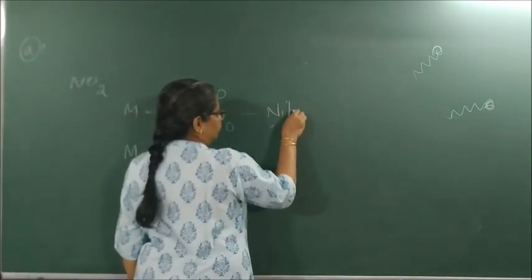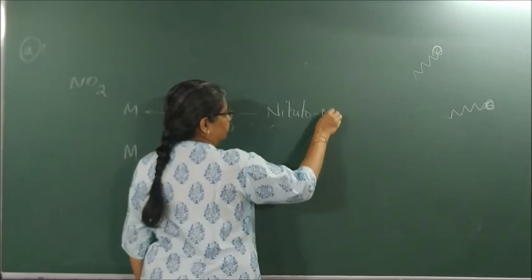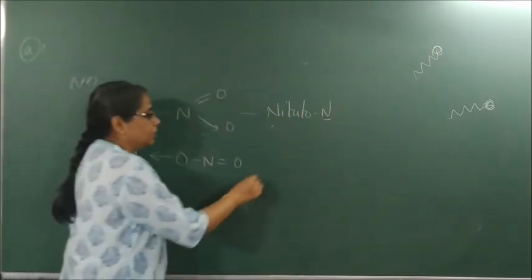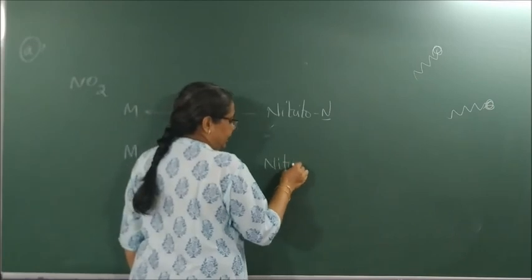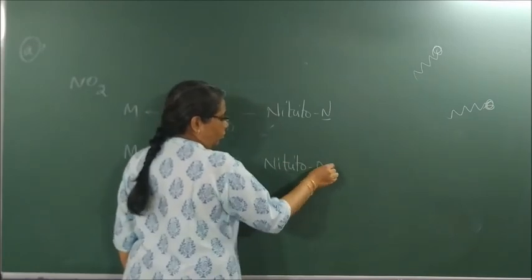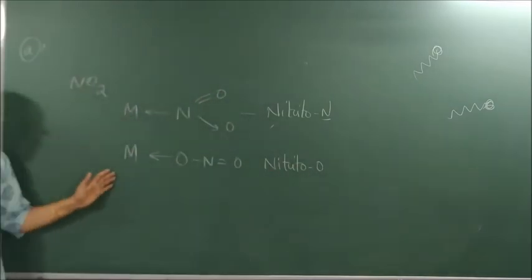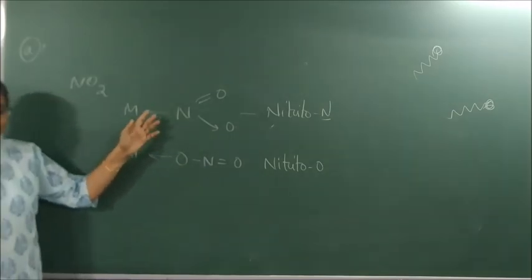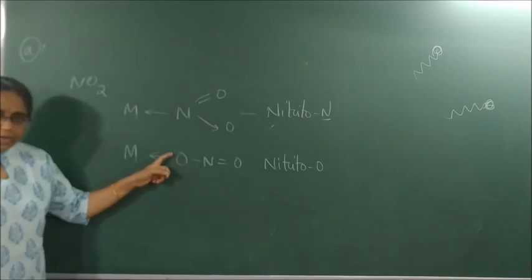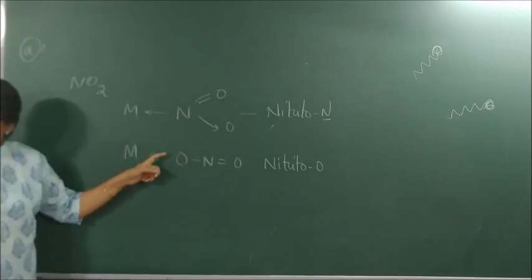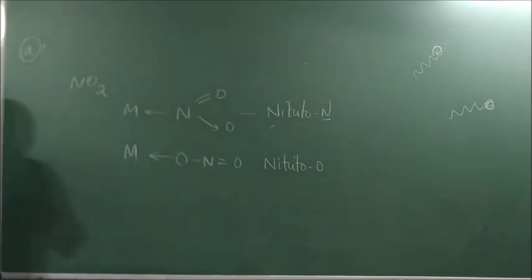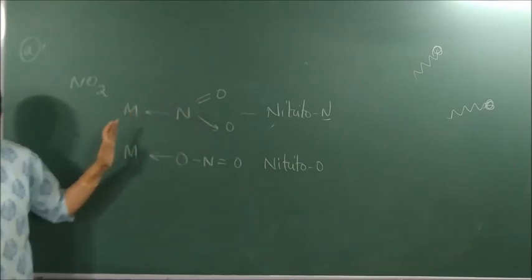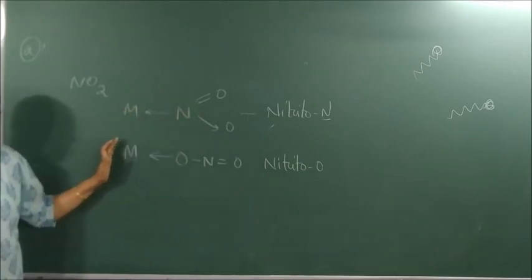Nitrito N, because it is linked to the nitrogen atom. This is called as what? Nitrito O. So this is the example of what? Ambidentate ligand. It has 2 donor atoms, but it can link to the donor atom one at a time. So if it links through N, nitrito N. If it links through O, nitrito O.